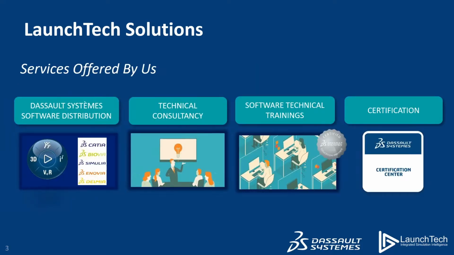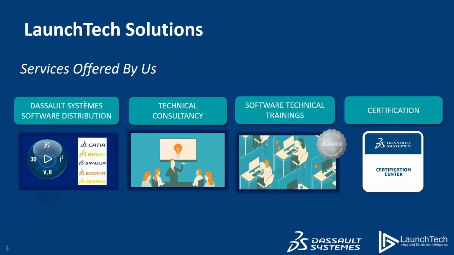So what are the services offered by LaunchTech Solutions? As I said earlier, we distribute Dassault Systems software in the Middle East, ranging from different brands: CATIA, BioVia, Simulia, Innovia, and Delmia. CATIA is for design, BioVia for material design, Simulia for simulation-related activities, Innovia for project management, and Delmia for digital manufacturing.